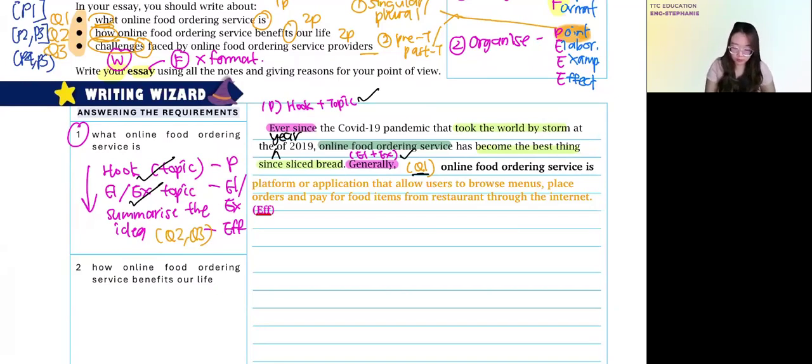Then we move on to our thesis statement summarizing the idea. So we talk about the importance, right? Benefits because it's important, then the challenges.